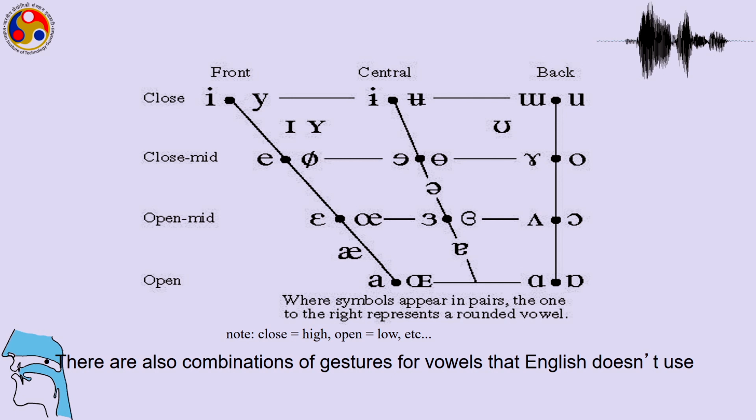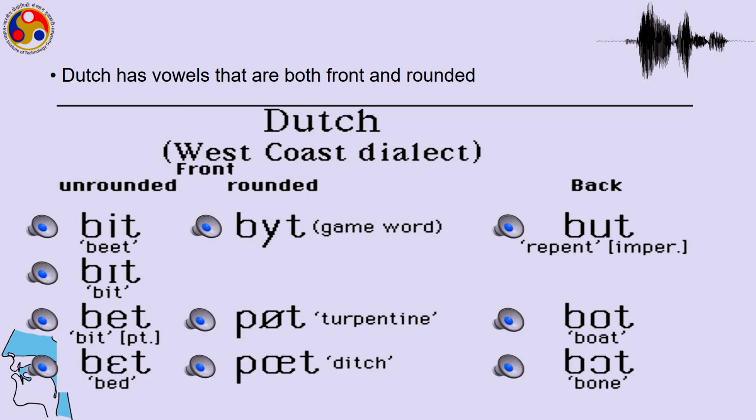We have discussed extensively how we determine the differences between the cardinal vowels, the most important properties of vowels with regard to height, frontness, backness, and roundedness, and why the vowels are spaced as they are in the cardinal vowel set. So we will not go into those things. We will just talk about a few uncommon properties. Dutch has vowels that are both front and rounded.